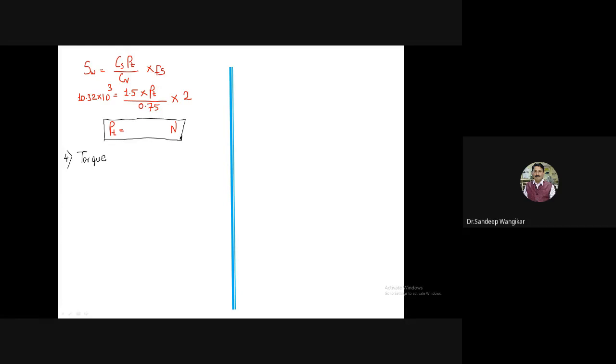Tell me the value of PT, the tangential load that the tooth can transmit without pitting failure.